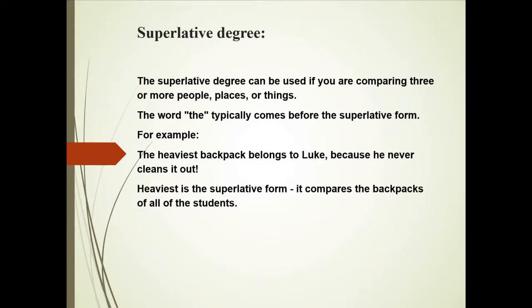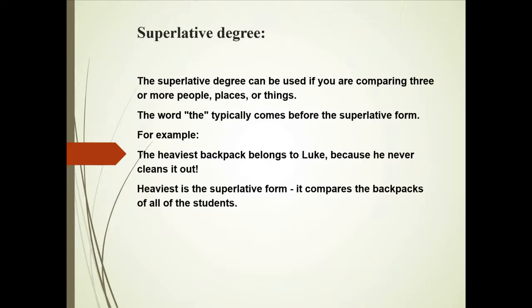The superlative degree can be used if you are comparing three or more people, places, or things. The word the typically comes before the superlative format. For example, the heaviest backpack. The heaviest backpack belongs to Luke because he never cleans it out.